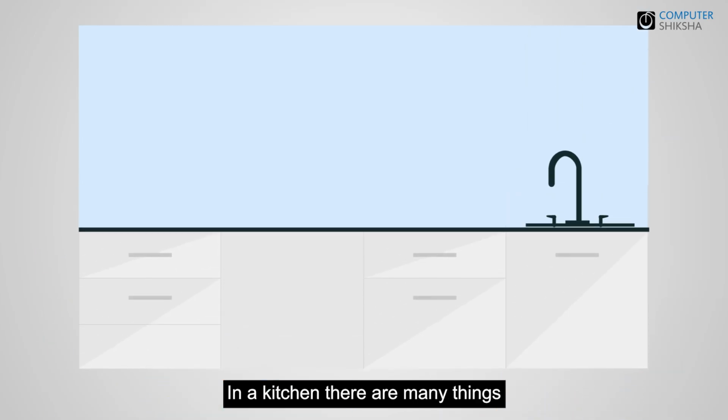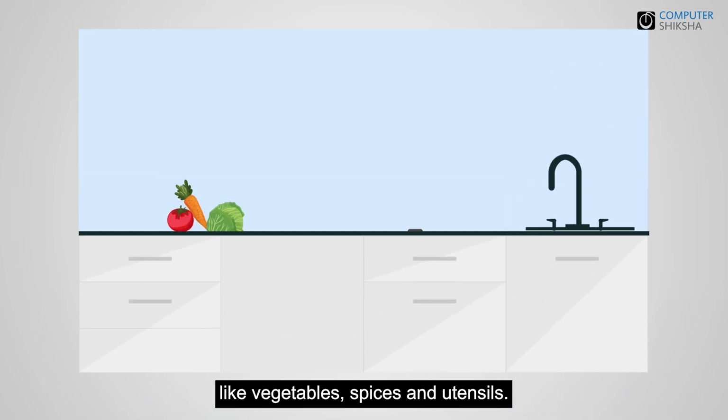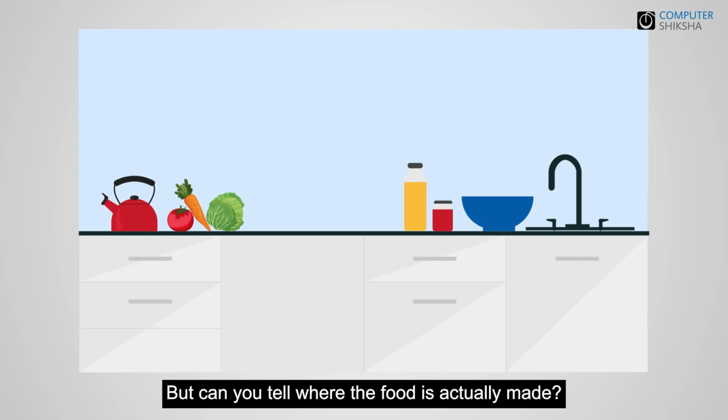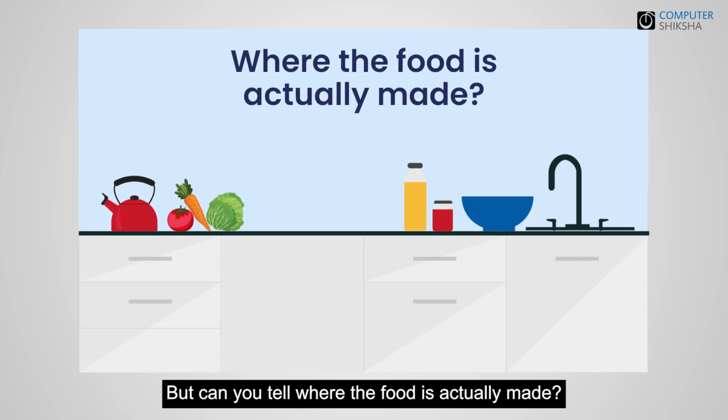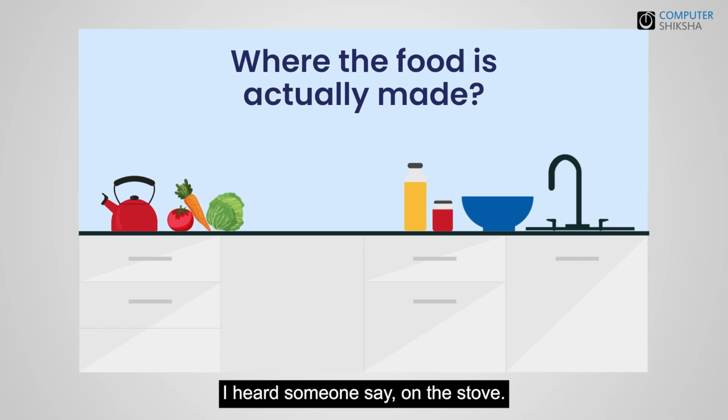In a kitchen, there are many things like vegetables, spices, and utensils. But can you tell where the food is actually made? I heard someone say on the stove. Yes, the food is made on the stove.